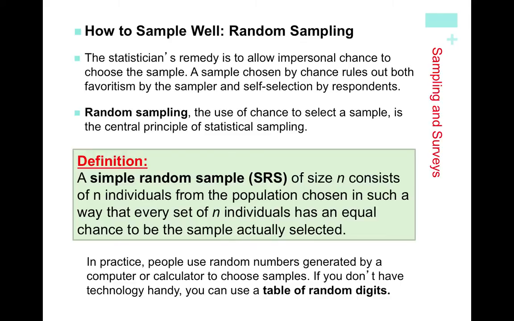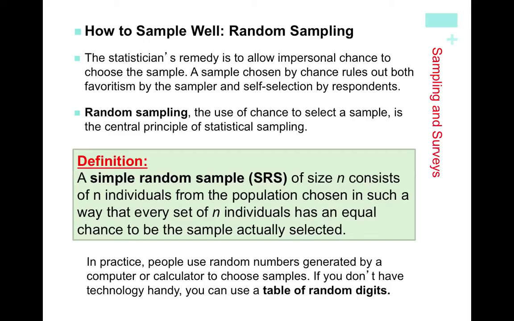So a simple random sample gives every possible sample of the desired size an equal chance to be chosen. It also is going to give each member of the population an equal chance to be included in the sample. So picture drawing 20 slips, which would be the sample, from a hat containing 200 identical slips.